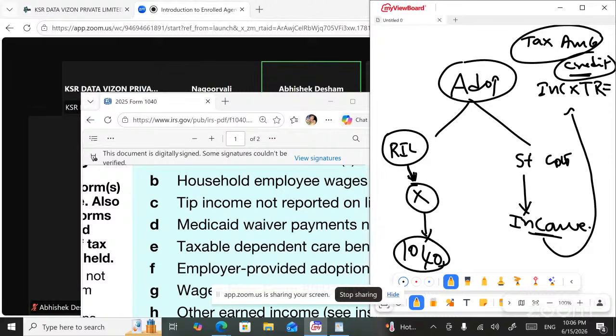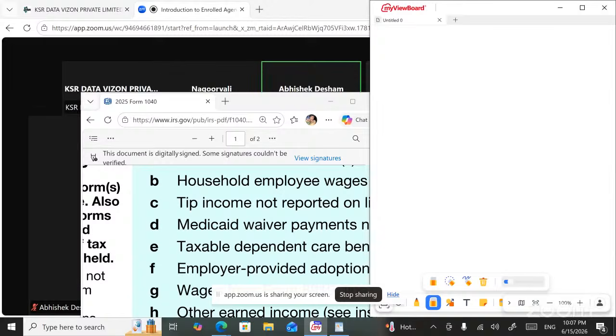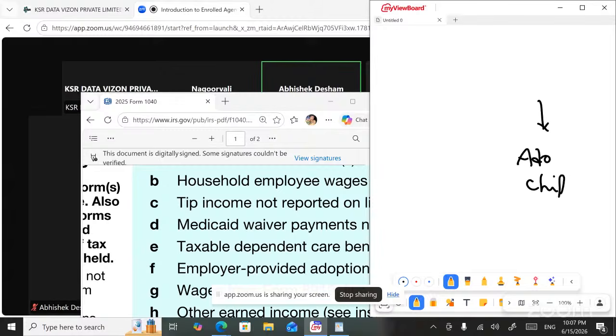This is not the right time to explain that matter in detail. I will cover it in a separate chapter. At that time, we are going to cover the adoption child tax credit. The credit name is adoption child tax credit.